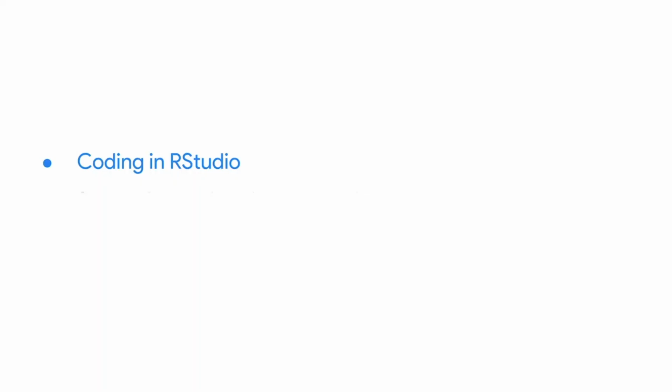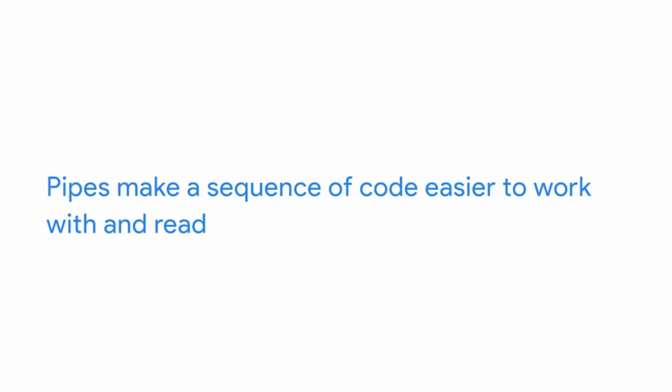These fundamentals are both alike and different from the other analysis platforms you've come to know well, spreadsheets and SQL. Then, we'll move into coding in RStudio. We'll discuss the syntax for performing calculations and the standards and naming conventions for all code. We'll also explore the R tool known as a pipe, which you'll use to make a sequence of code easier to work with and read.